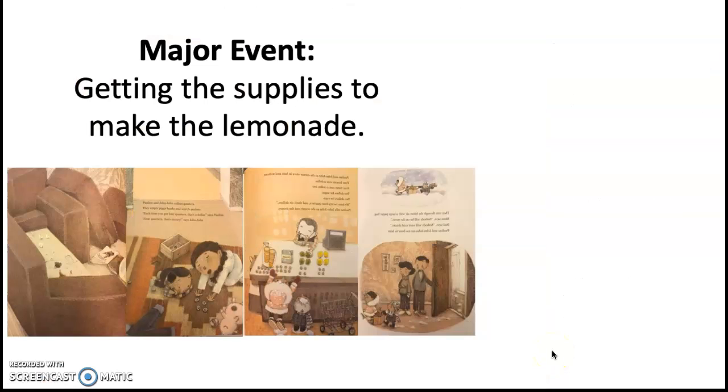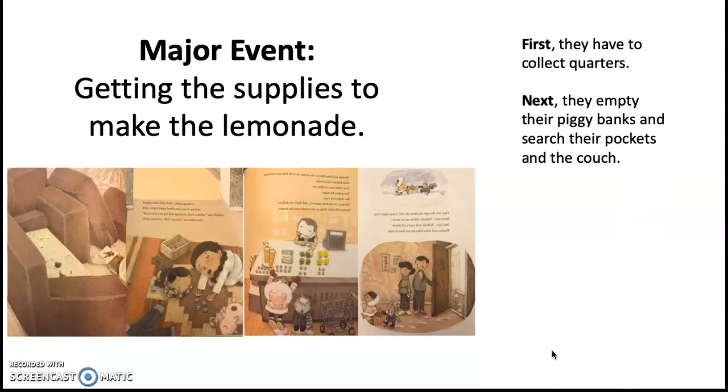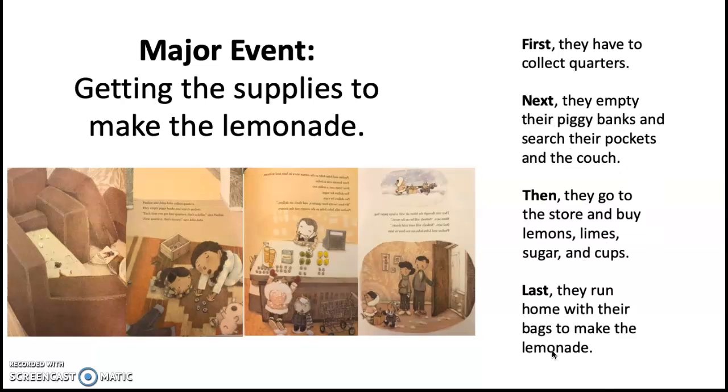So, if I put all my details together, first, next, then, and last, they all describe the event of getting supplies to make the lemonade stand. I used 4 different pages, and I put them in order using first, next, then, last.